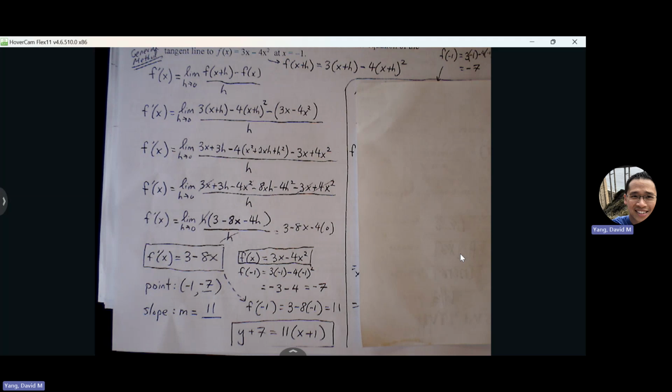So -1 into the function will give you your y value, your location, your ordered pair. Plug -1 into the derivative, and it'll give you your slope. Once you have your ordered pair and your slope, find the point slope form.